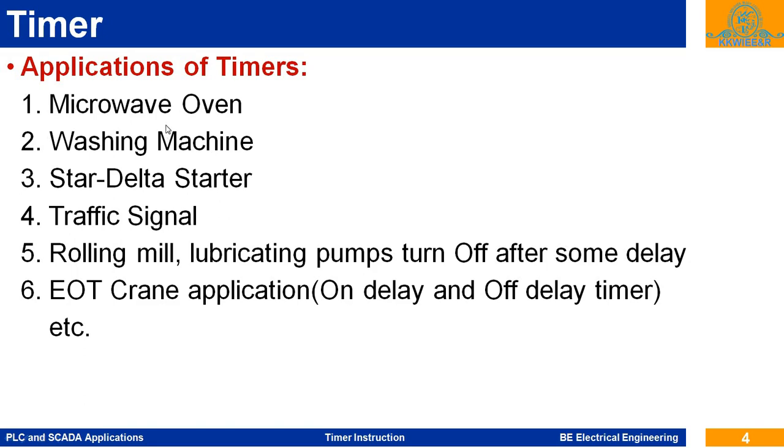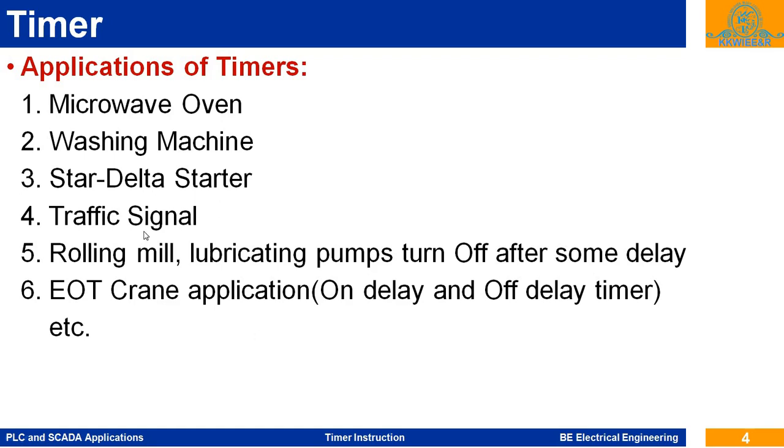For a microwave oven, for different recipes, we set different time and temperature. In industry, for starting of star delta, we set a time period on the timer so that when the motor reaches 80% of its speed, it shifts its connection from star to delta.